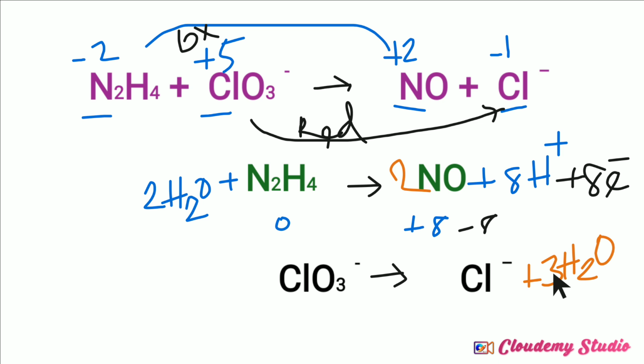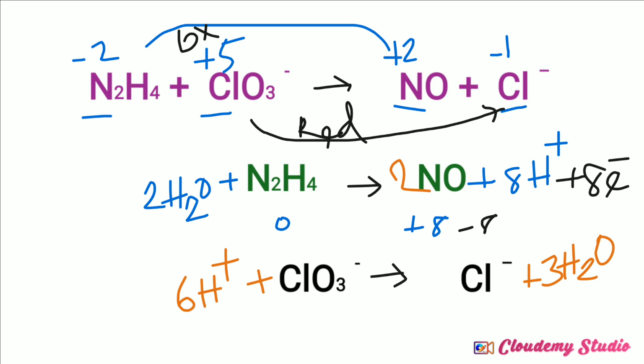Now 3 times 2, 6 hydrogen atoms are present on the right hand side, but the left hand side has no hydrogen atom. Therefore, in order to balance these 6 hydrogen atoms, we need to write 6 hydrogen ions on the left hand side. That is 6H plus I am adding on the left hand side.